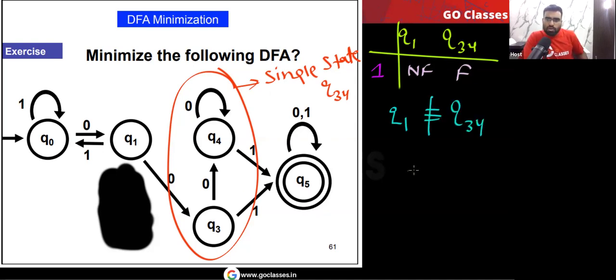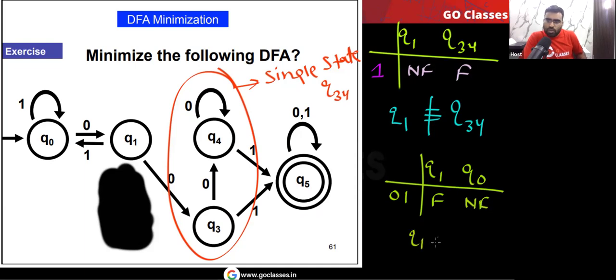What about Q1, Q0? On string 0, 1, Q1 is going to final and Q0 is going to non-final. So Q1 is not equivalent to Q0 also.